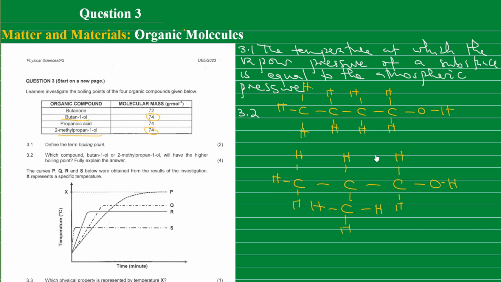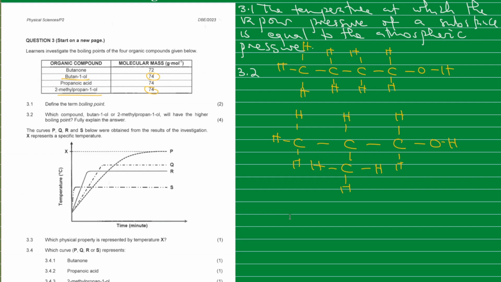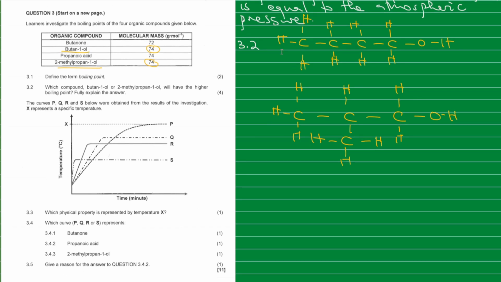Now, out of these two, which one would we say has a higher boiling point and why? They all have the same molecular formula. If you count the number of C's and H's, the oxygen is the same, so they have the same molecular mass. But the difference between them is the degree of branching.